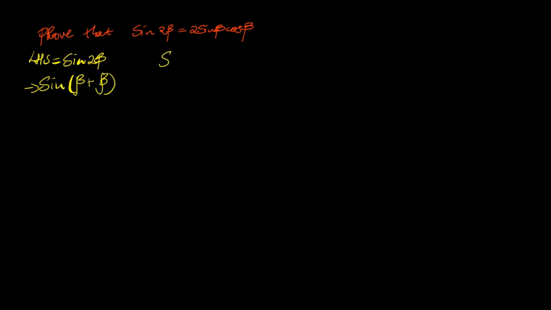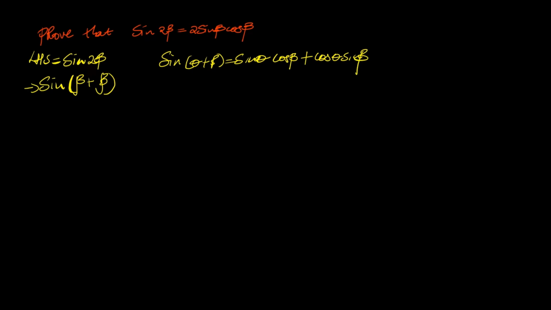We know that sine into theta plus beta is the same as sine theta cos beta plus cos theta sine beta. So we are going to expand using that notion.